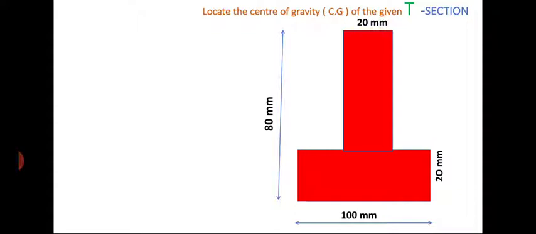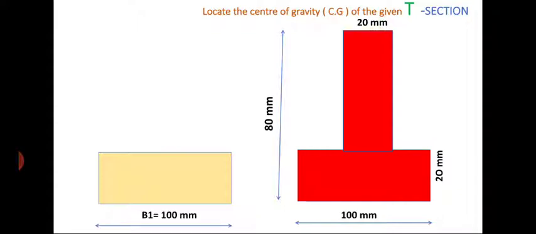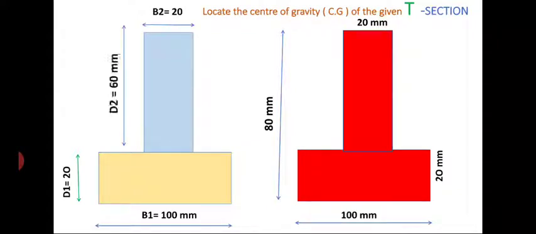First of all, you can split it up into two rectangles. First one is a horizontal rectangle. Dimensions are b1 equal to 100 mm, d1 equal to 20 mm. Another rectangle is vertical. Dimensions are b2 equal to 20 mm, d2 equal to 60 mm.